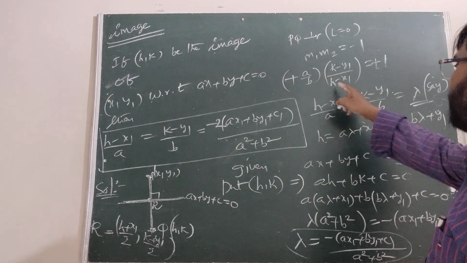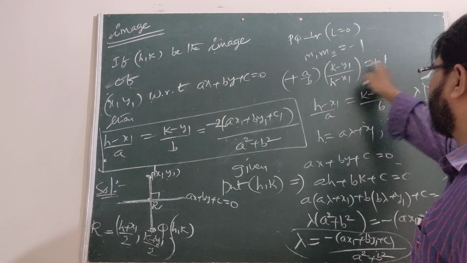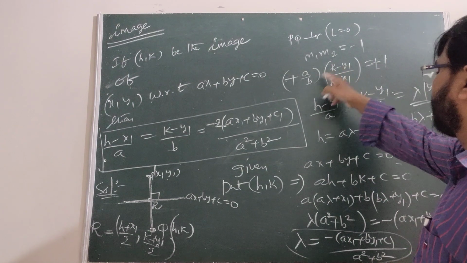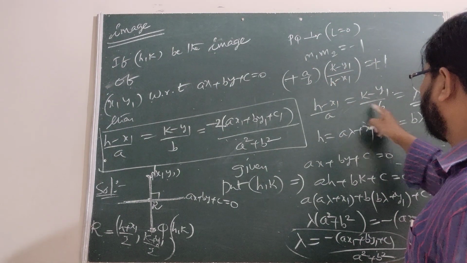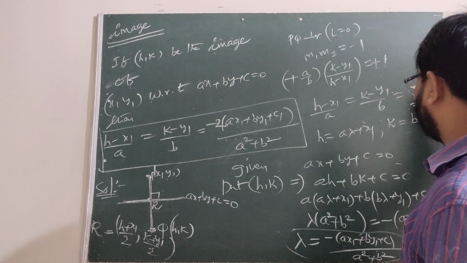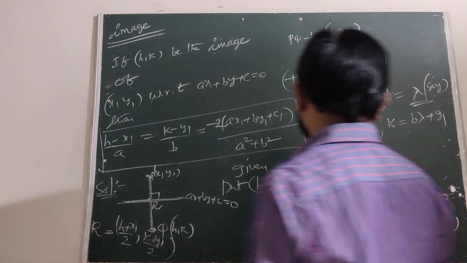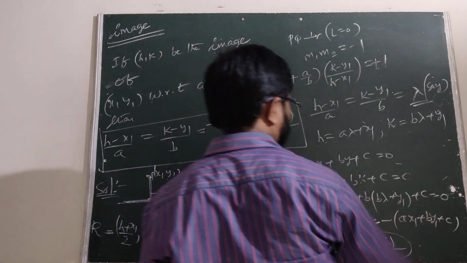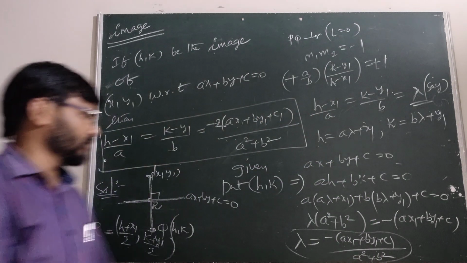Taking (h minus x1) to the other side, into a, what remains is (k minus y1) by b. These two are equal to some lambda. Therefore, h equals a lambda plus x1, and k equals b lambda plus y1.